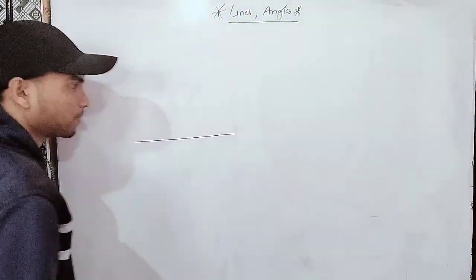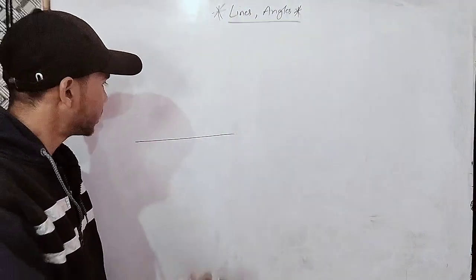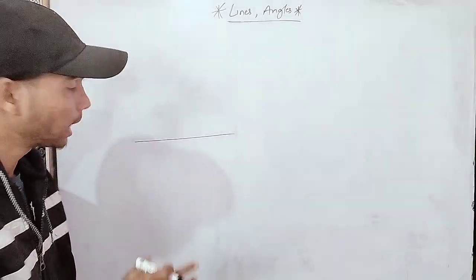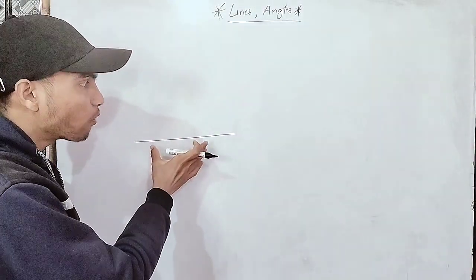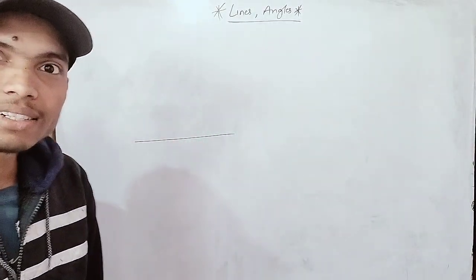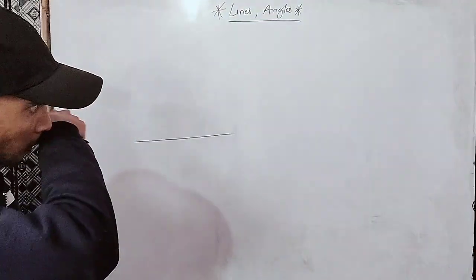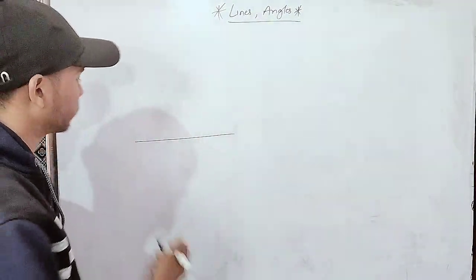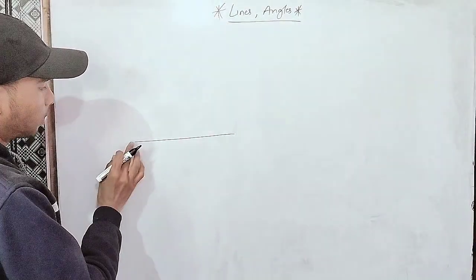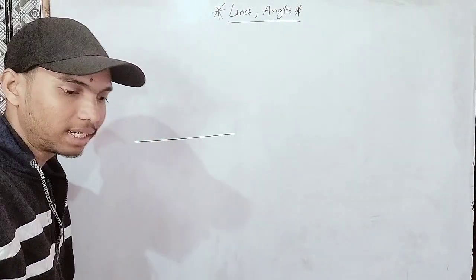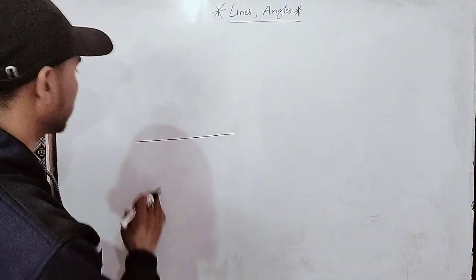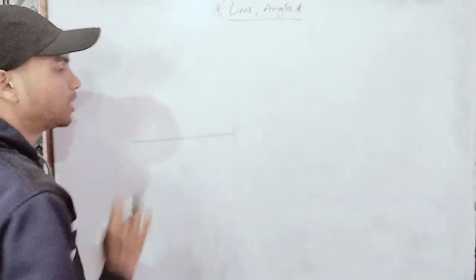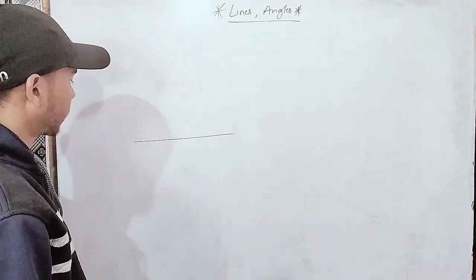This is a line, and we are looking at its ends. Both ends of this line are what? Ends. From here till here, our line is completed.